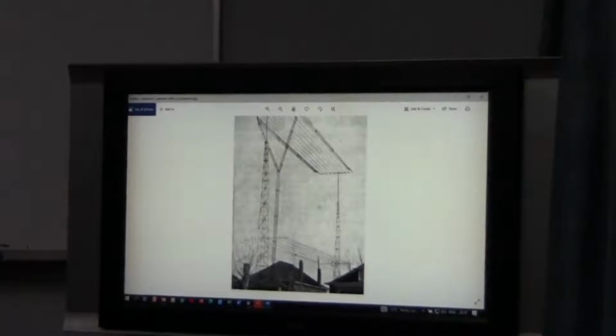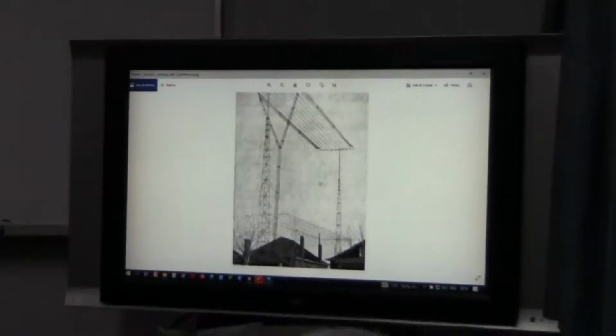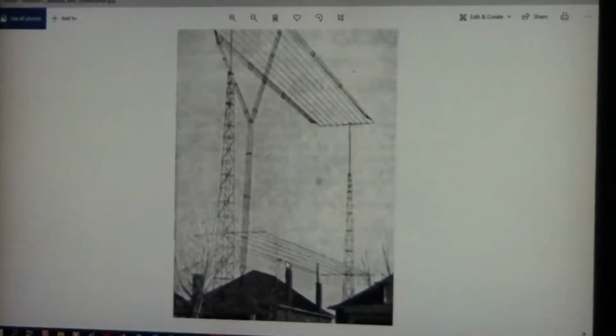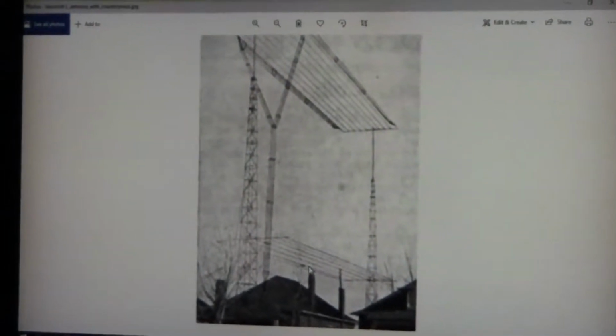It uses this, it's called a counterpoise. It's a system of wires insulated and suspended above ground. And there's a similar one up the top which forms a capacitance hat.